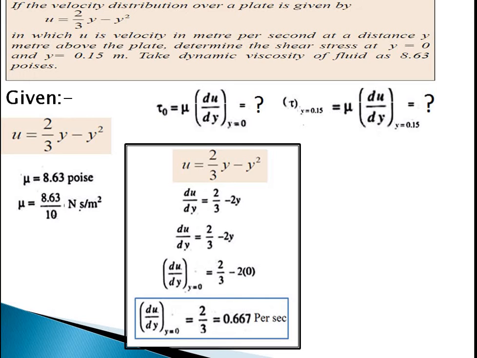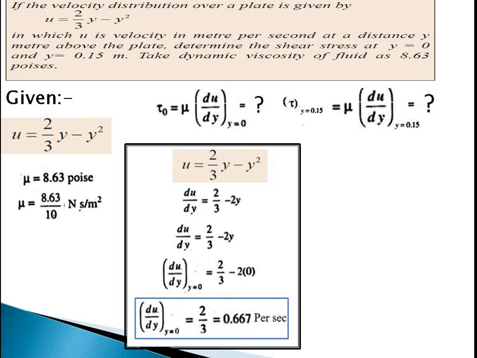So it is 2 by 3 minus 2y. So du by dy is equals to 2 by 3 minus 2y.